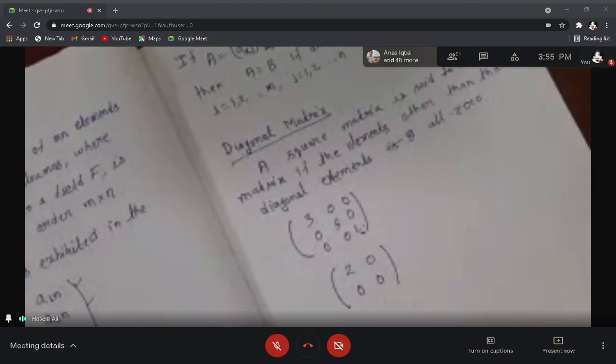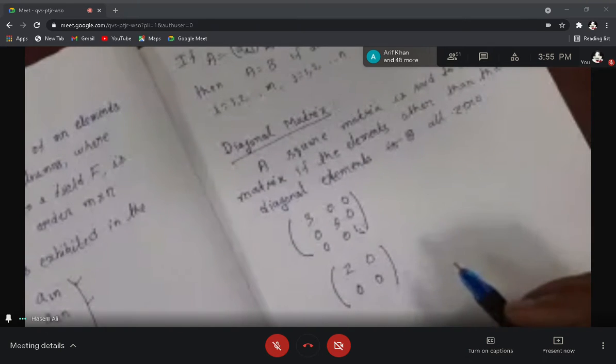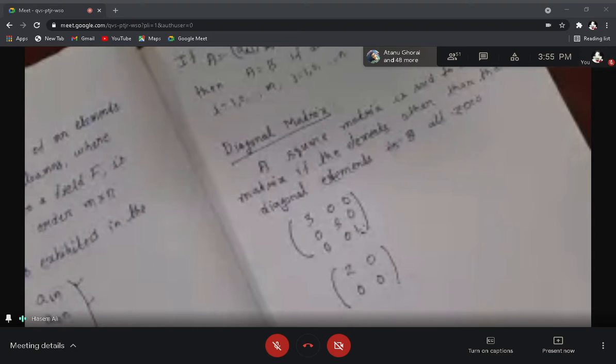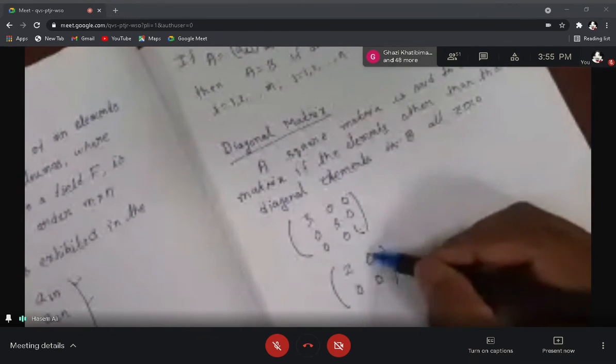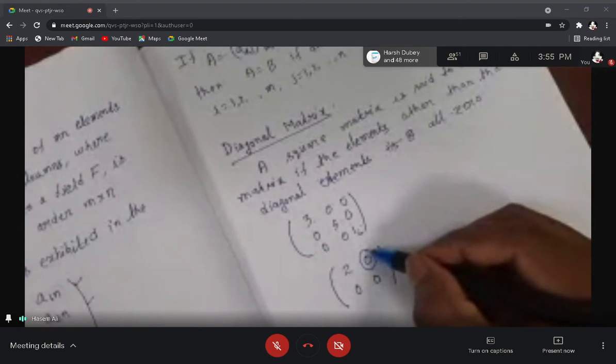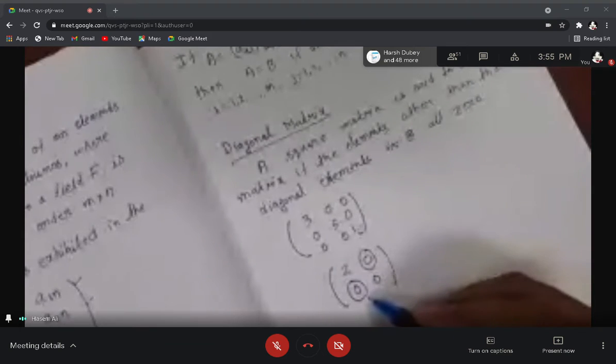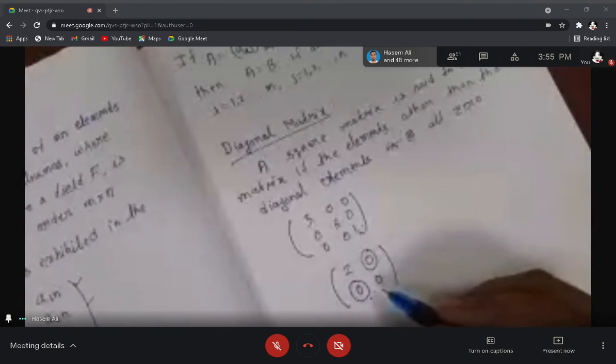Okay. Now, is this a diagonal matrix? No, sir. Is the matrix a diagonal matrix? It's not a diagonal matrix. No, no, it is also a diagonal matrix, because this is a non-diagonal element and this is 0, and this is also a non-diagonal element, this is also 0.